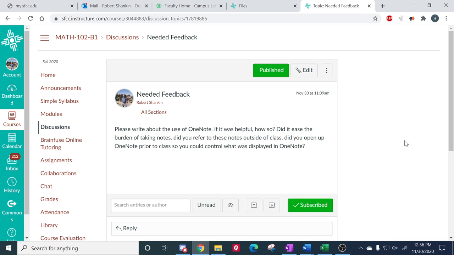And ask you to please write about the use of OneNote. Was it helpful? If it was helpful, how so? To ease the burden of taking notes, did you refer to these notes outside of class? Did you open up OneNote prior to class so you could control what was displayed in OneNote?